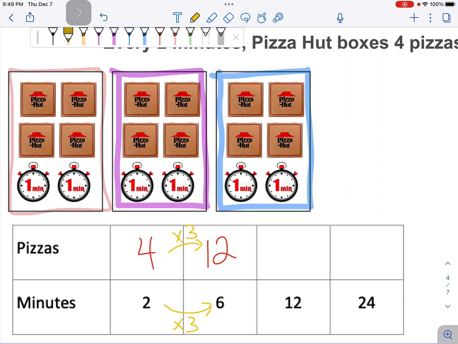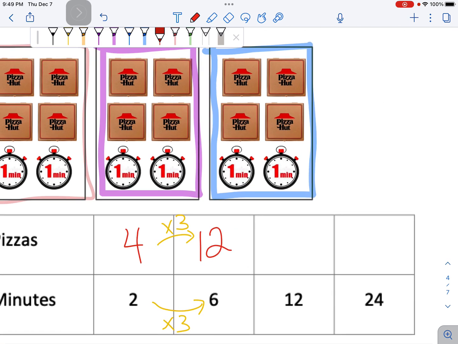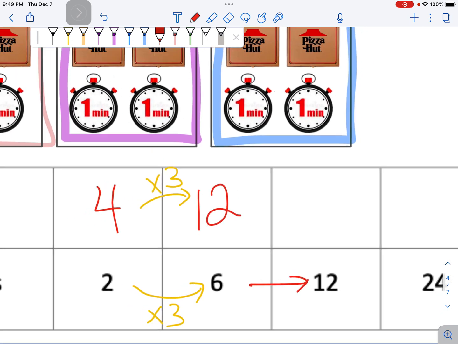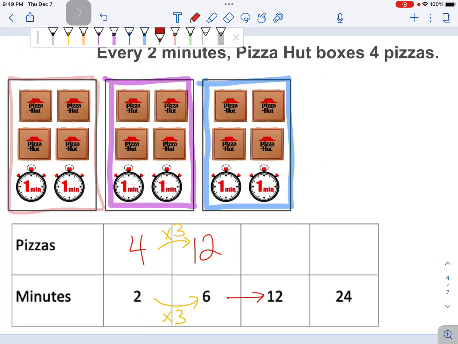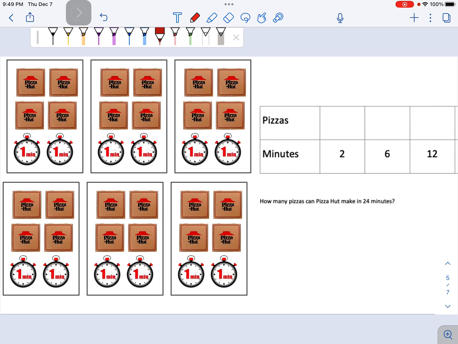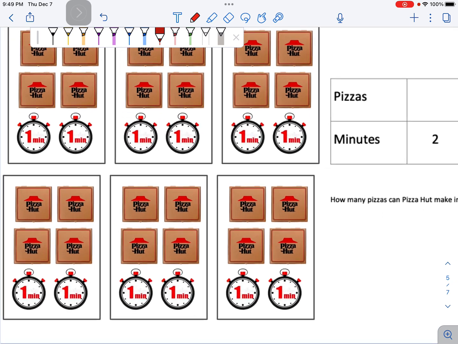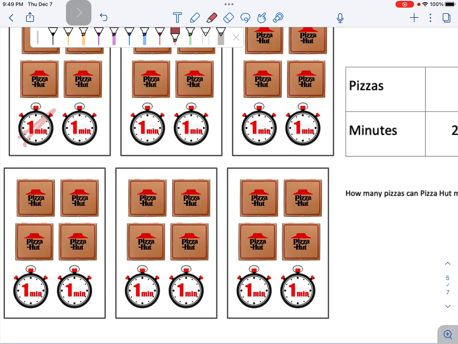So let's keep going. How can I make 6 minutes look like 12 minutes? Down here in the table, 6 to 12. But think about it as my picture up above with the clocks and the boxes. This is 6 minutes. This is 12 minutes. Wow, look at all these clocks. Here's 1, 2, 3, 4, 5, 6, 7, 8, 9, 10, 11, 12.